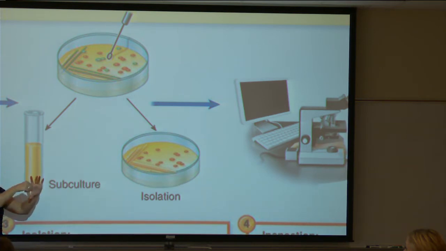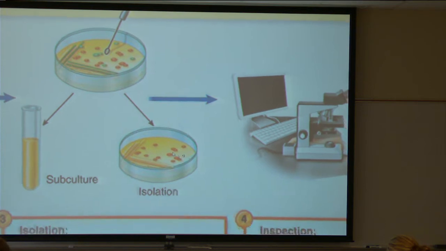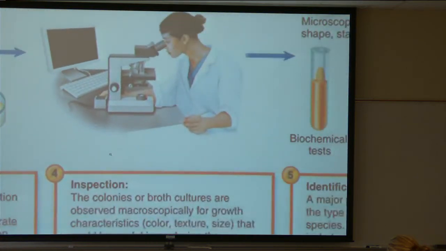He'll take his loop, grab some from the one we received from the company, do a zigzag on a plate, grab another loop, do another plate, and all the new plates he made are subcultures because they came from the original one. And then you can make a subculture of that, and so on. So that is isolation, because you're basically separating the bacteria, and ultimately your goal is this pure culture.